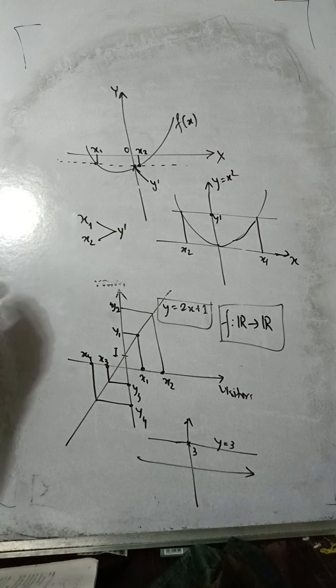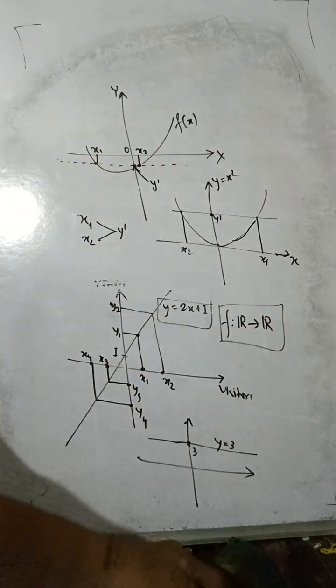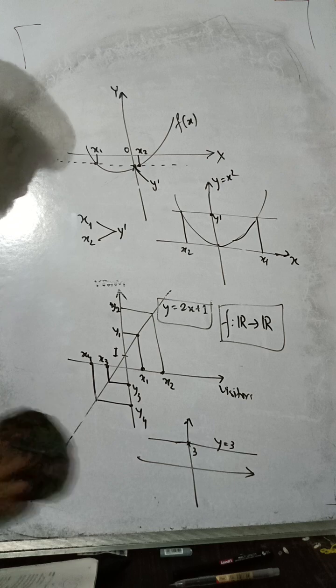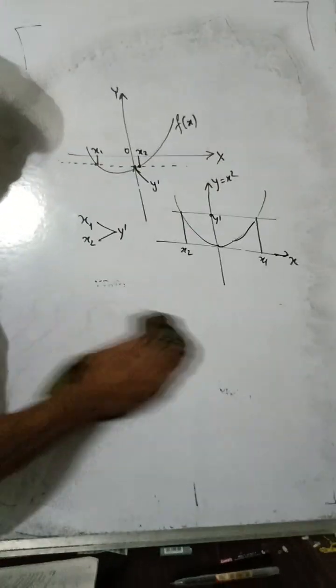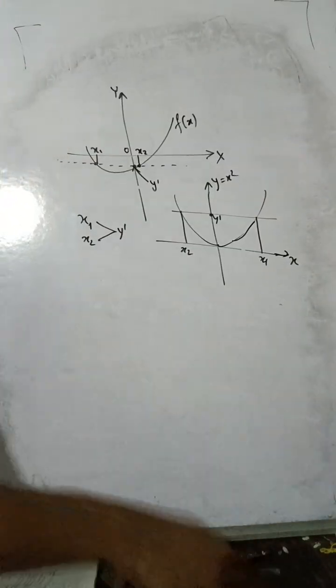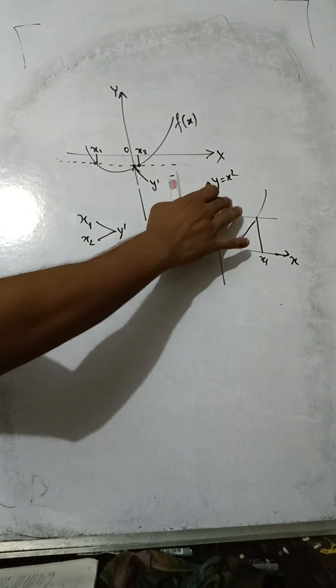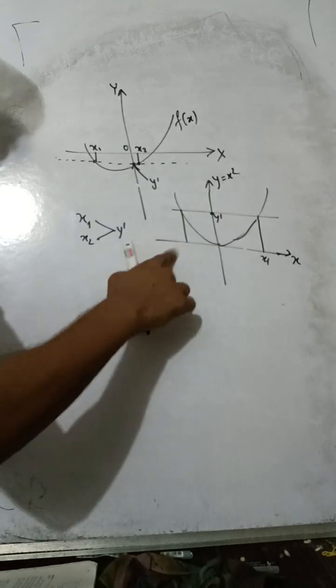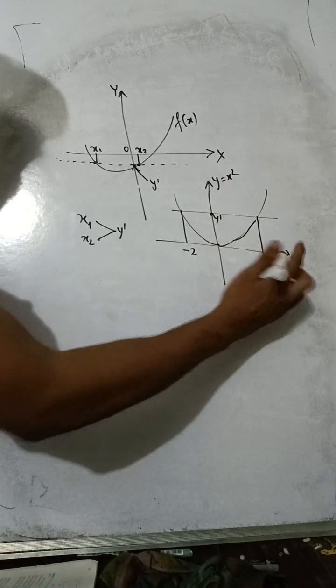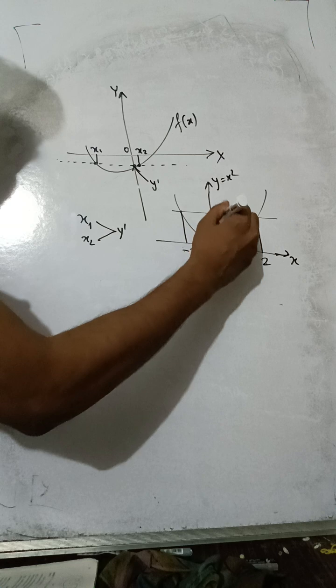So these functions are not one-one functions. But not all curves are not one-one. I hope you have understood this, because this is x square. If this is minus 2 and this is 2, you can see this will be 4.